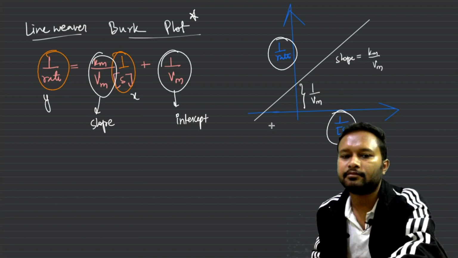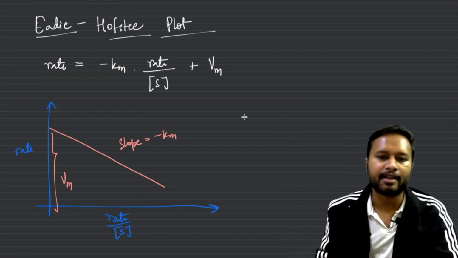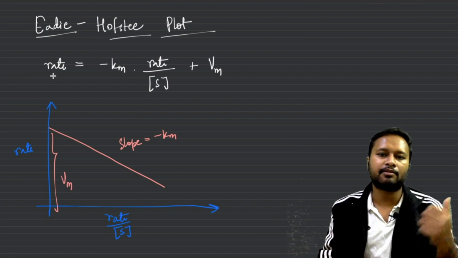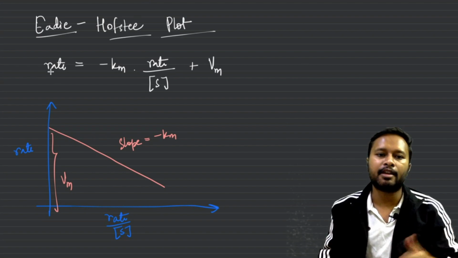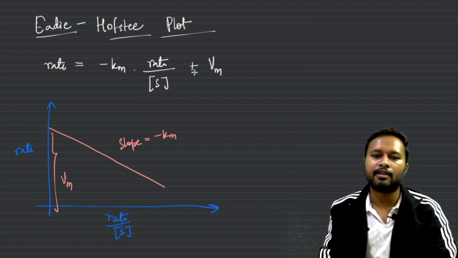The next and final equation from enzyme catalysis is the Eadie-Hofstee plot. In that, the same expression which we had for the Lineweaver-Burk plot has been rearranged, so that we get rate is equal to minus Km into rate upon substrate concentration plus Vm.